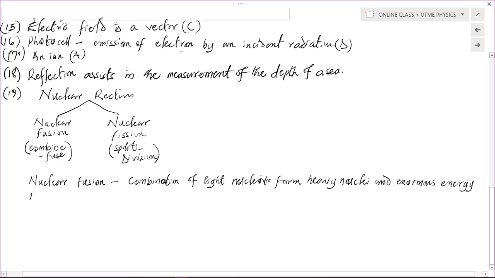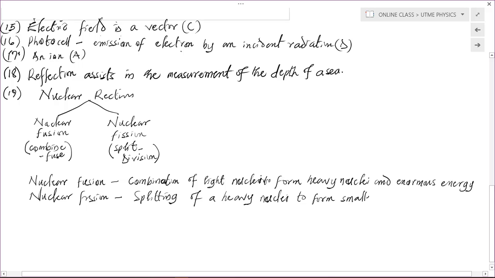While the nuclear fission is splitting of a heavy nuclei to form two smaller nuclei of comparable masses.